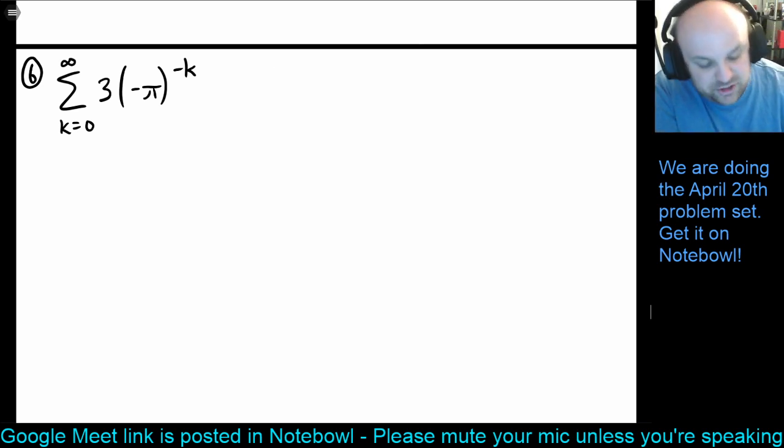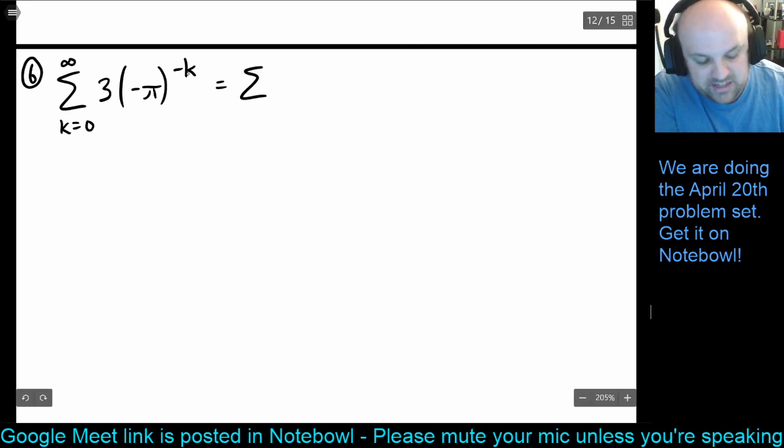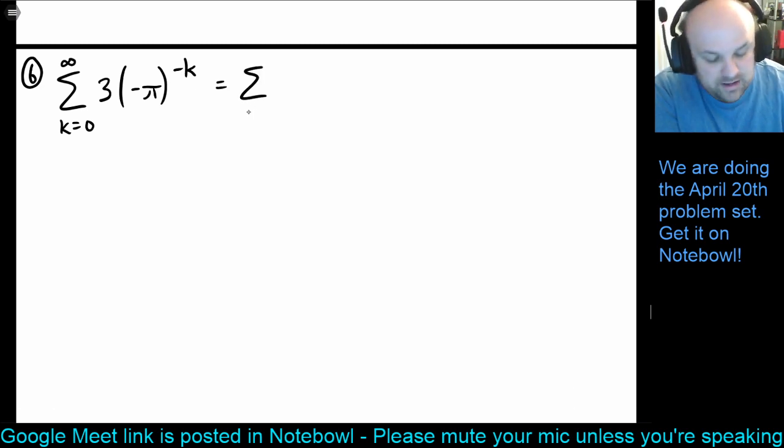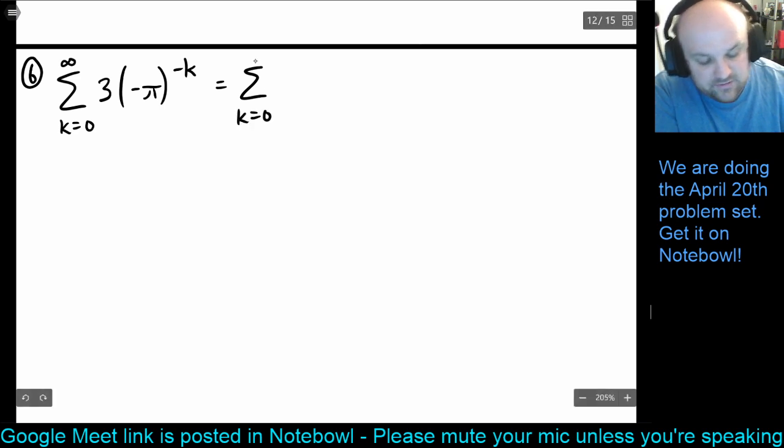So it is geometric. How do we check that? Because that minus k there, as it stands, doesn't look very geometric.